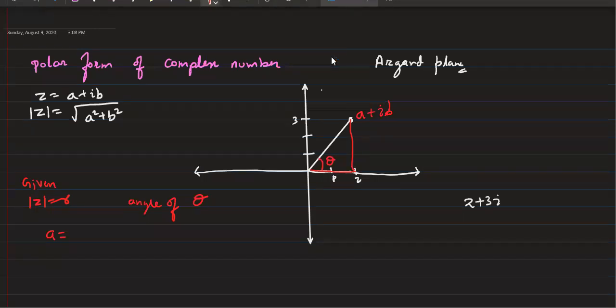So I'm saying that this length, hypotenuse, is r. Everyone getting this?